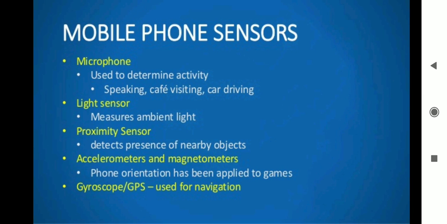The phone's software uses this data to adjust the display brightness automatically. So this is about the light sensor.